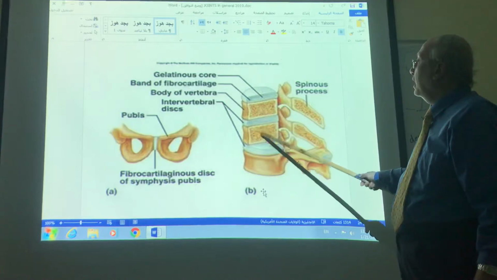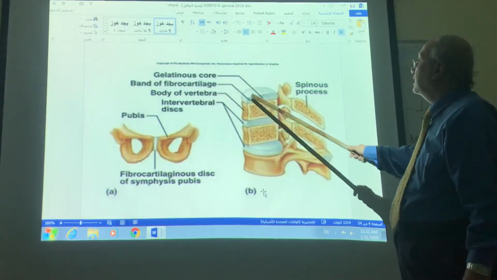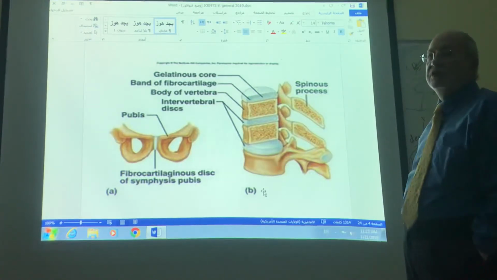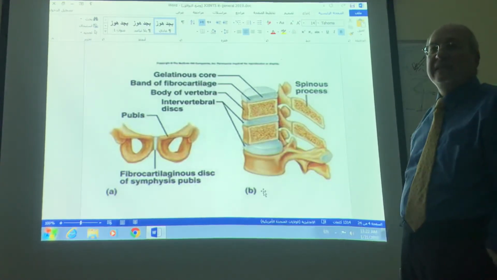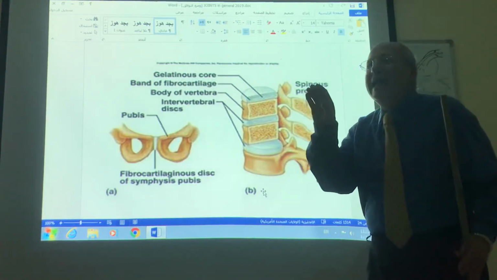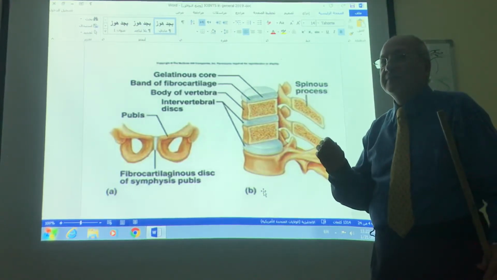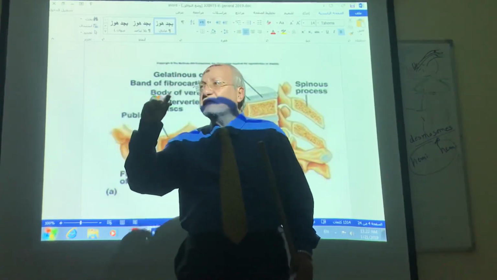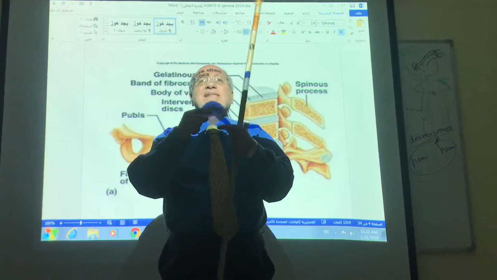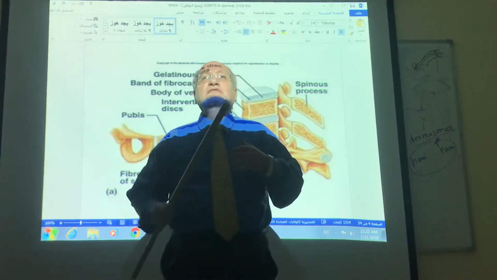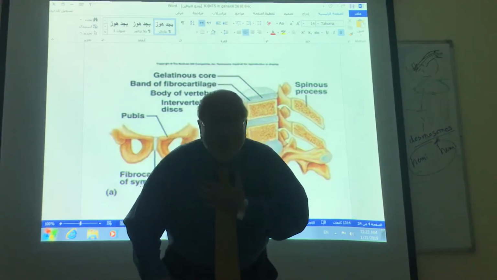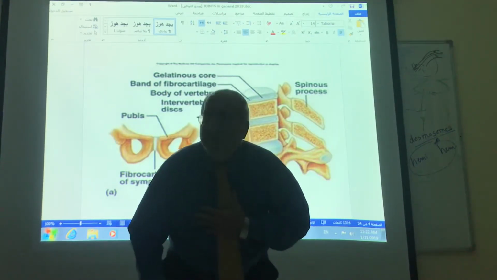Between each two adjacent vertebrae, there is an intervertebral disc. This is a typical secondary cartilaginous joint. Is there any movement here? I think a little more. There is a little movement in each intervertebral disc. By the summation of this little movement, it will give the movement of the vertebrae.